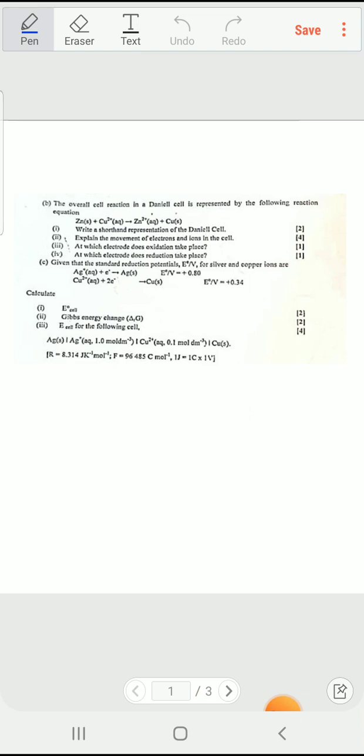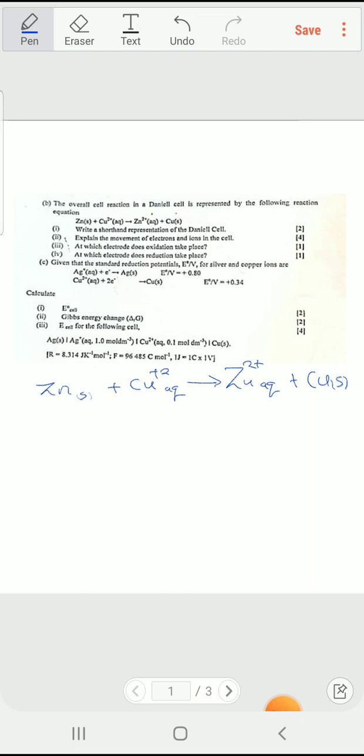Here is the equation: zinc, which is solid, plus copper in aqueous solution, is equal to zinc in aqueous solution, plus copper in solid.